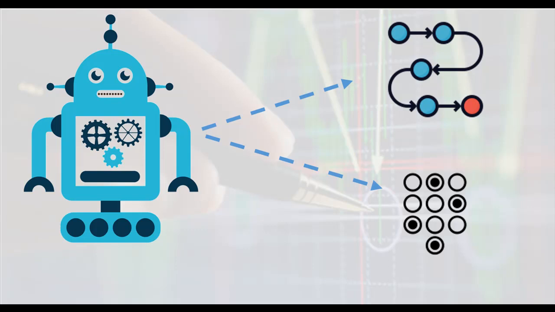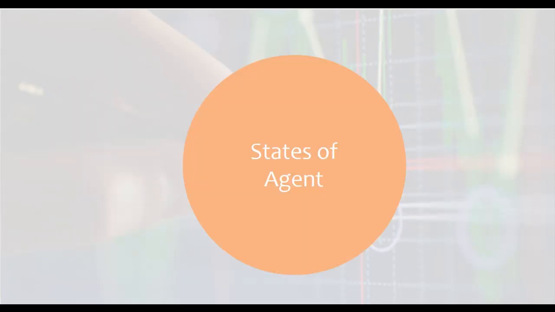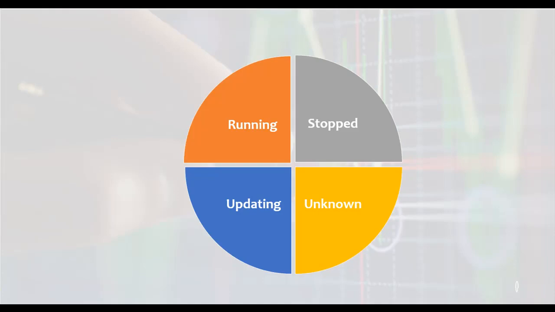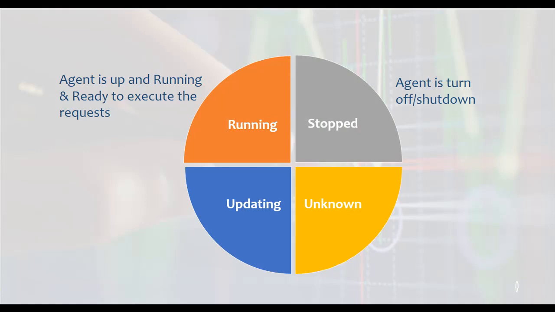Along with this, let's delve deeper into our understanding of agents and explore the different states they can be in. Firstly, we have 4 primary states that an agent can exist in. These states are running, stopped, unknown, and updating. In the running state, the agent is up, actively running, and prepared to execute the request. On the other hand, the stopped state occurs when the agent is turned off or shut down.